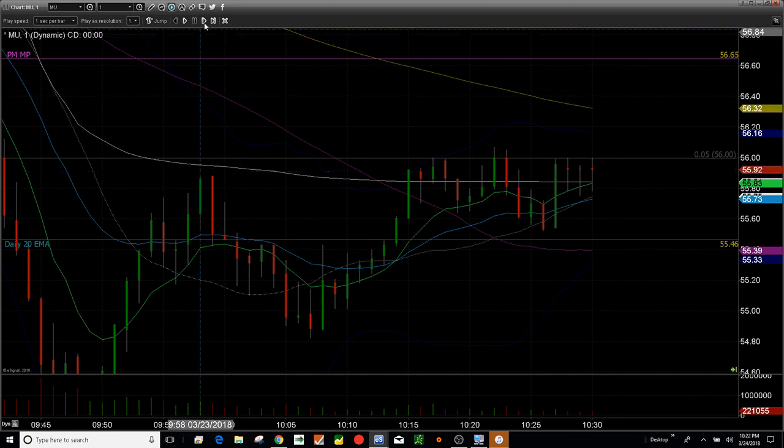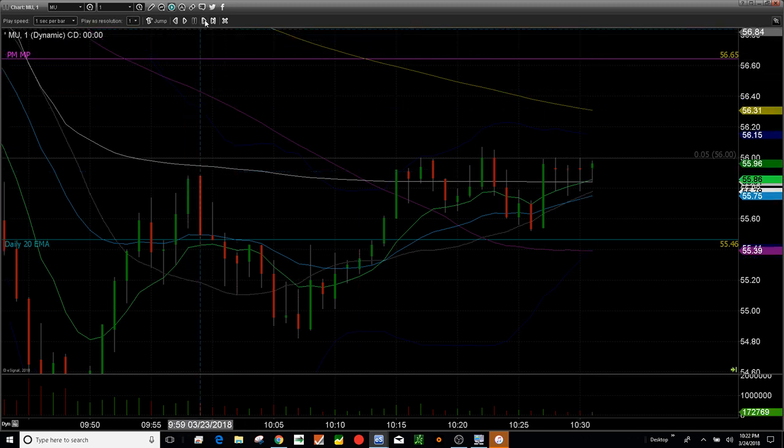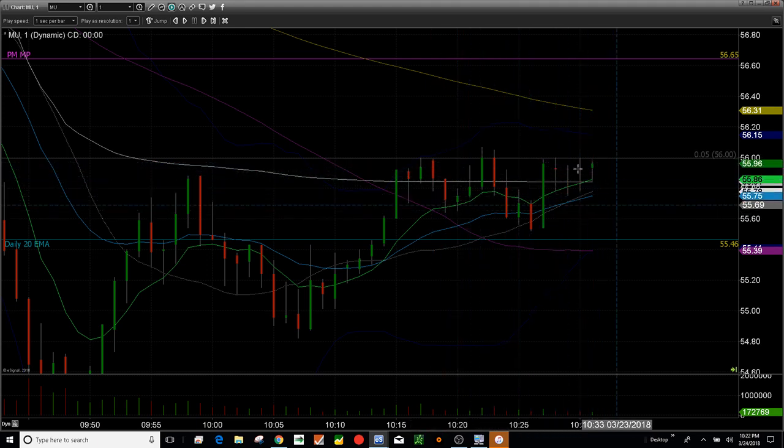And as I look at price action, I see this, and I see the 9 coming up. I don't like it at all. I'm going to get out because over time you'll be able to read this, but this should begin to fail.